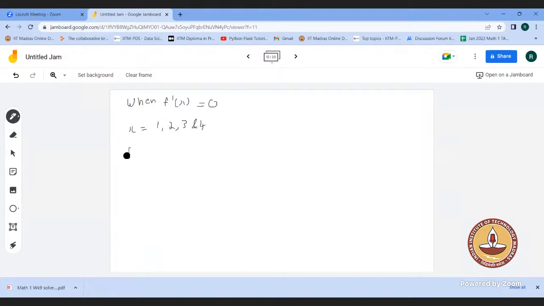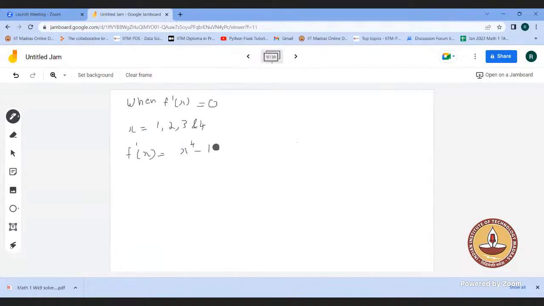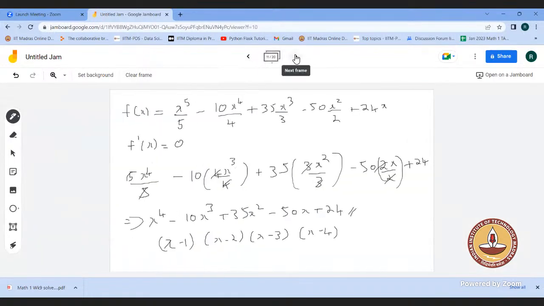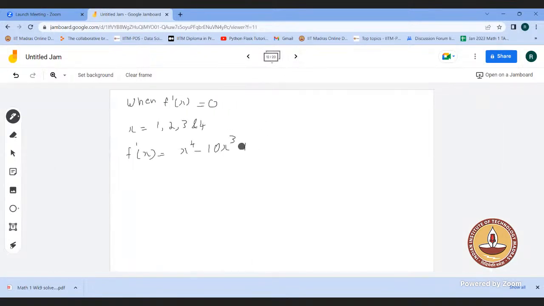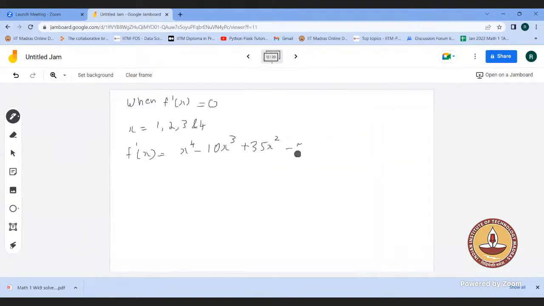So we got that f dash of x is equal to x power 4 minus 10x cube plus 35x square minus 50x plus 24. Now we have to differentiate this again, right, to find f double dash.